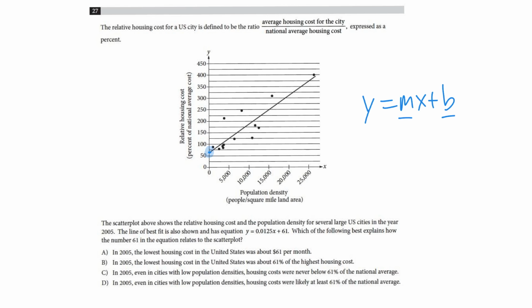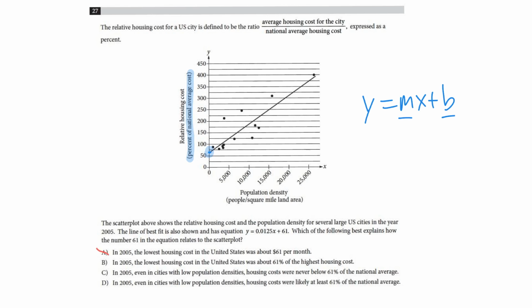Well, 61. If the y-axis was the housing cost in dollars per month, that might be true, but it's not. The vertical axis is percent of the national average cost. So A is not going to be a solution.